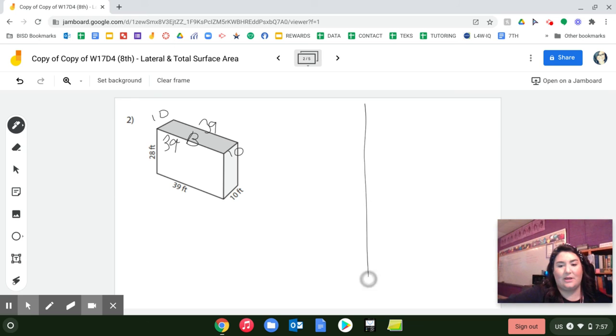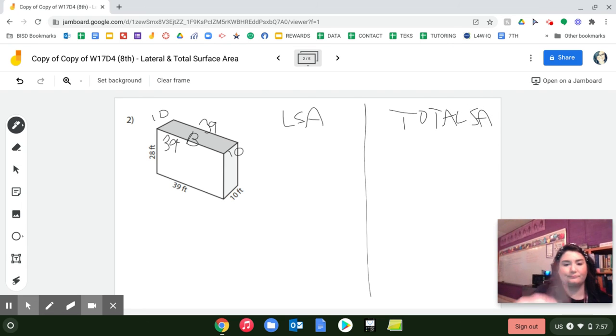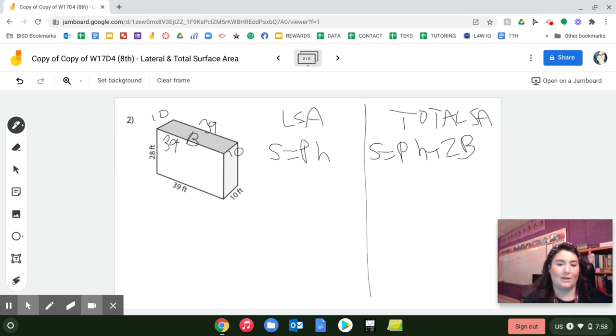All right, so we have lateral surface area, total surface area. S equals pH. S equals pH plus 2b. So to fill in the perimeter of the base, we add up all the sides around the base.